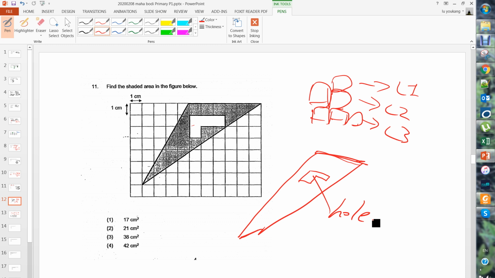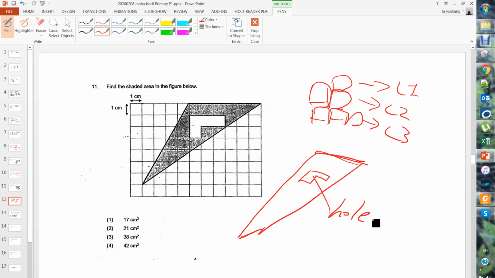Quick, what's the method? The cutting. Just one sentence? So what's the method?